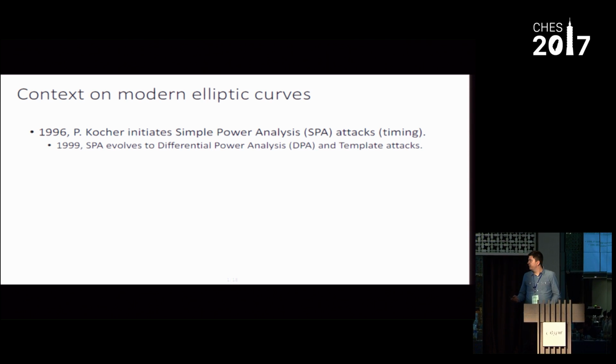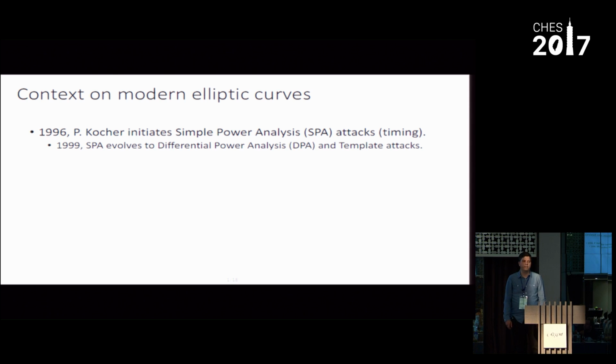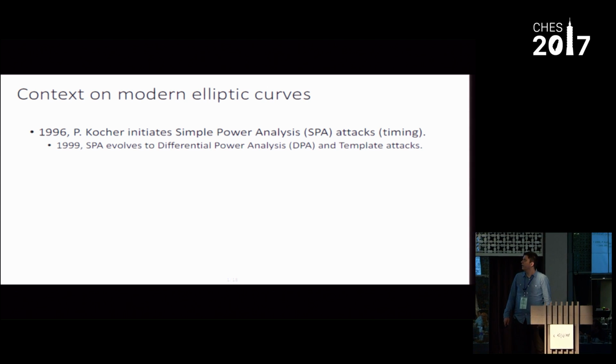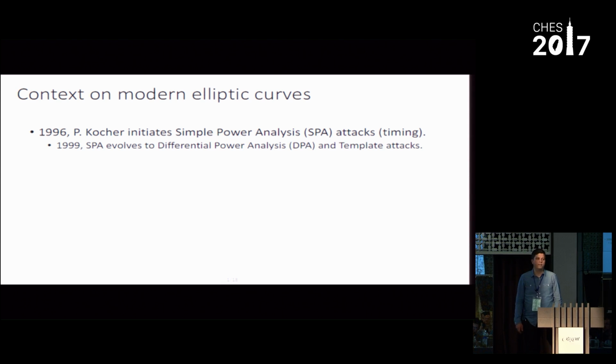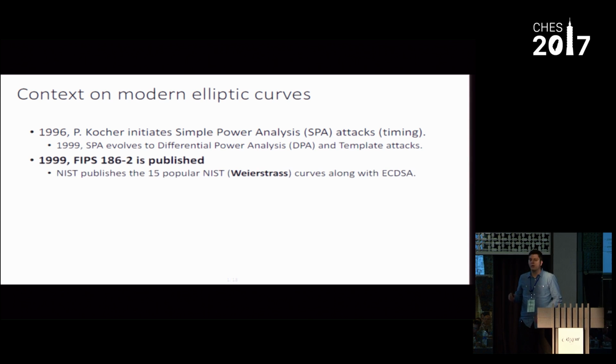In '96, Kocher introduced side channel analysis attacks against crypto implementations. Three years later, these attacks were extended to differential power analysis. Around the same time, NIST published the 15 popular NIST curves.